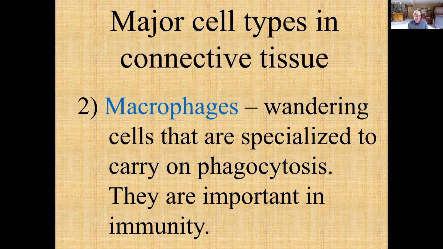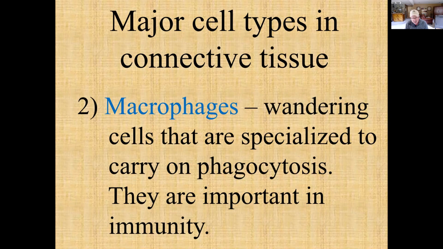So these actually are a type of white blood cell that will wander in and out and through connective tissues, so that if there happens to be any potential foreign invader there, they can identify that foreign invader and go about phagocytizing it, basically killing it if it's a bacterium or a tumor cell, whatever it might be. So they are extremely important scavengers as they clear foreign particles from tissues.